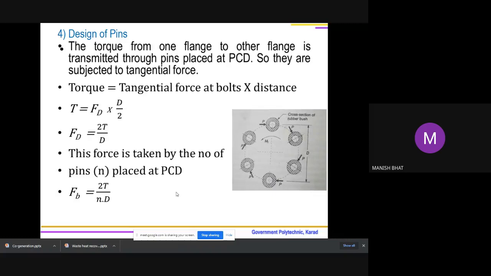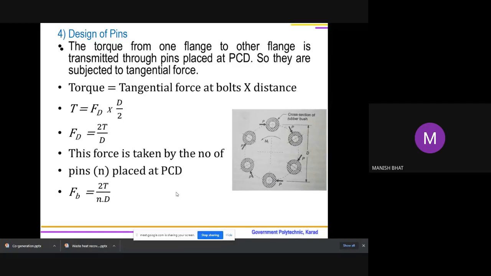N will be 3 in that case. When diameter is in between 40 and 100, you can select 4 number of pins. This is convention, but we can take higher number of pins so that a good joint in between two coupling can be achieved. Power will be positively transmitted.